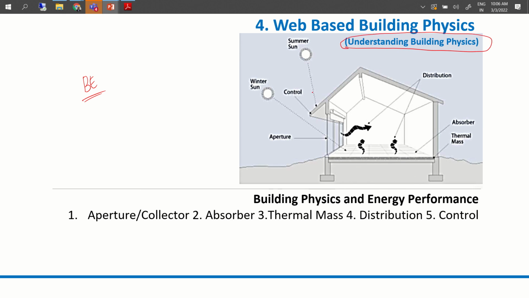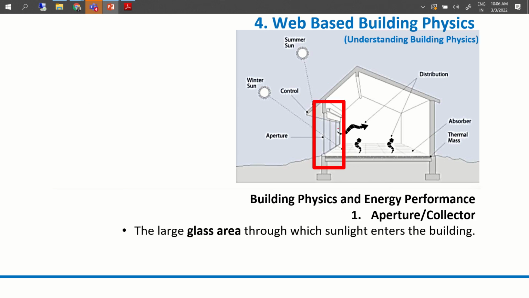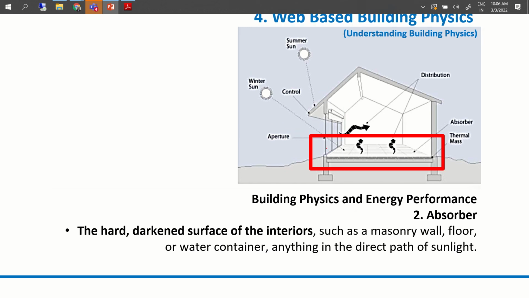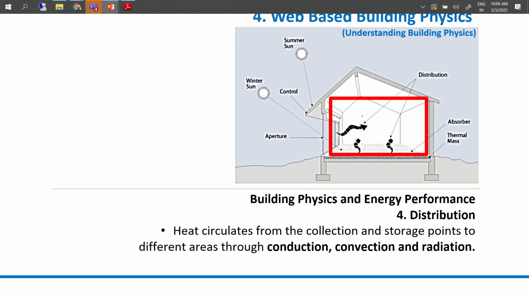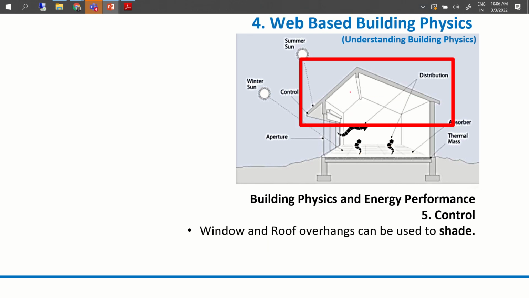For example, if we divide the building in a very abstract way, we can say that some part of the building is letting the sun in, some part is directly in contact with the earth, some part is in contact with the external environment, not directly, there is a wall in between, and something happens within the room, and there is an element of shading in terms of roof and window shadings, right?